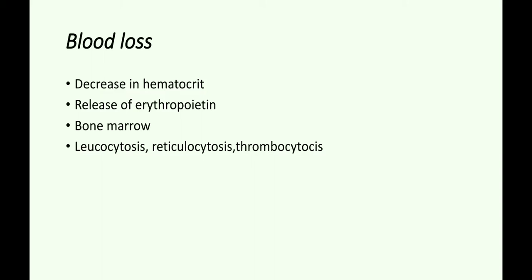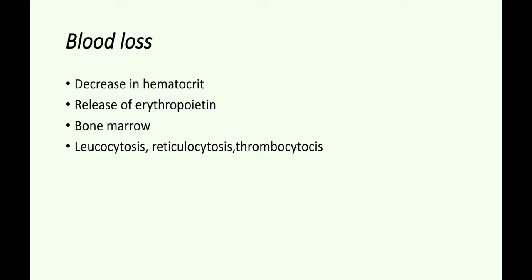When we talk about the causes of anemia, it can be due to blood loss, defective production of RBC, or increased destruction of RBC. In the case of blood loss, there is a decrease in hematocrit.